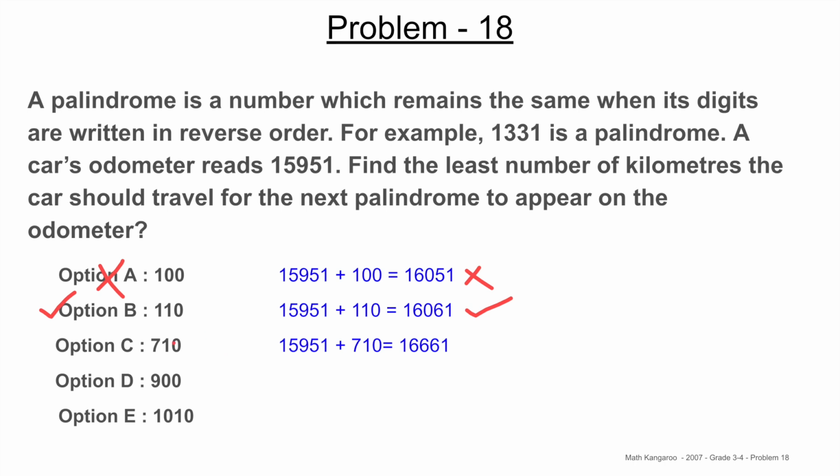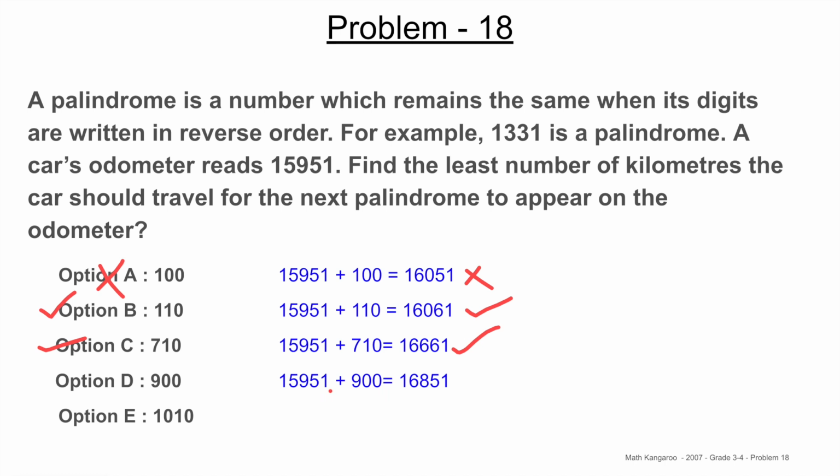Option C, 710. We add 15951 plus 710. We get 16661. Yes, this is also a palindrome number. So option C could also be our answer. Option D, 900.